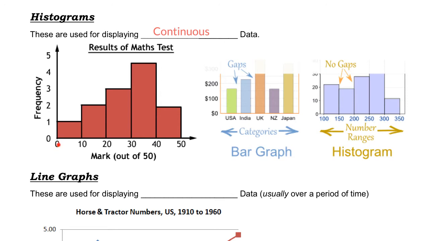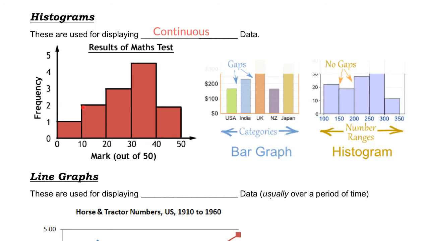So when you have continuous data, you have a continuous scale along the bottom. The bars show you how many times, so that's the frequency, is how many times you get a value in this interval. So the way I would read this graph is there was 1 test with a mark between 0 and 10.